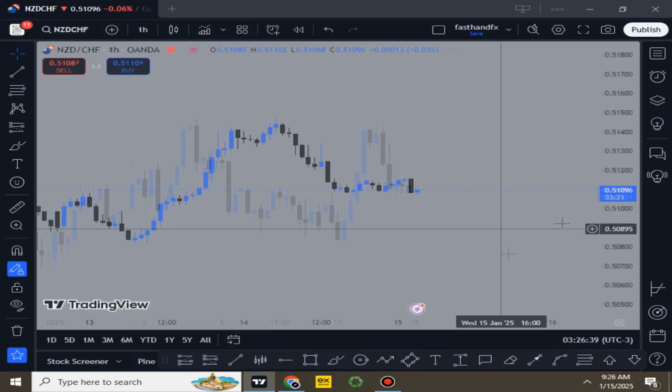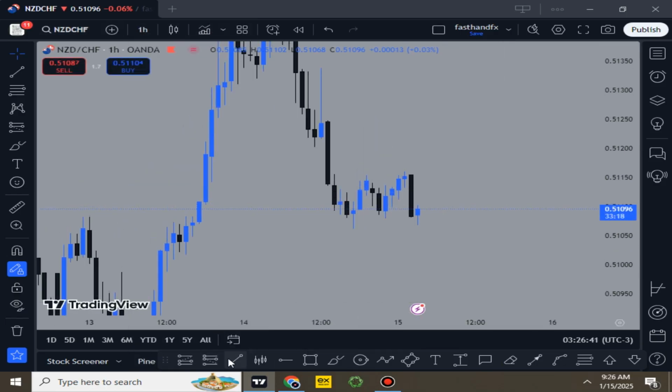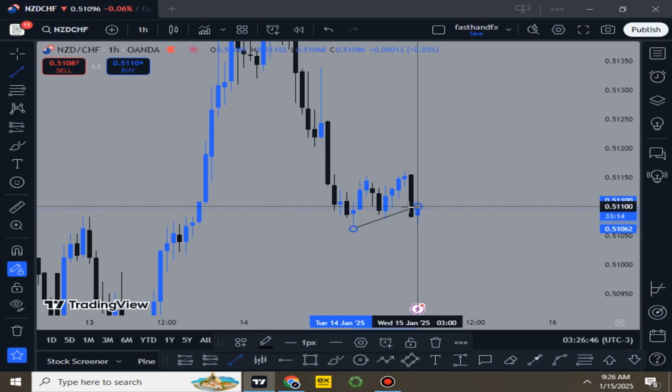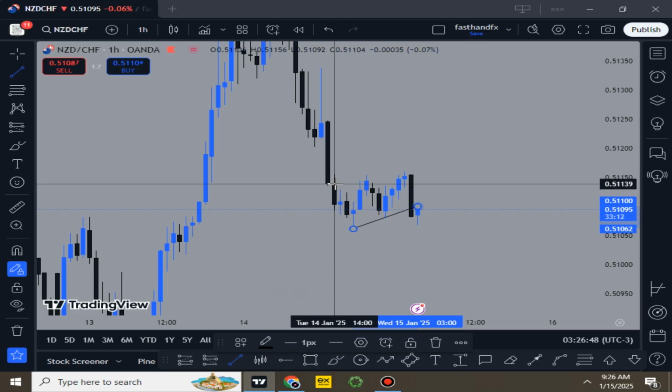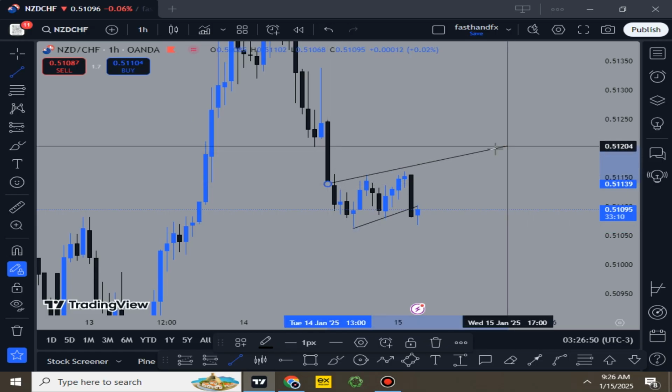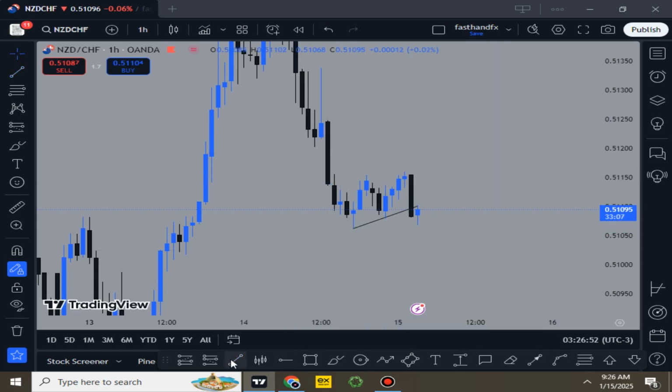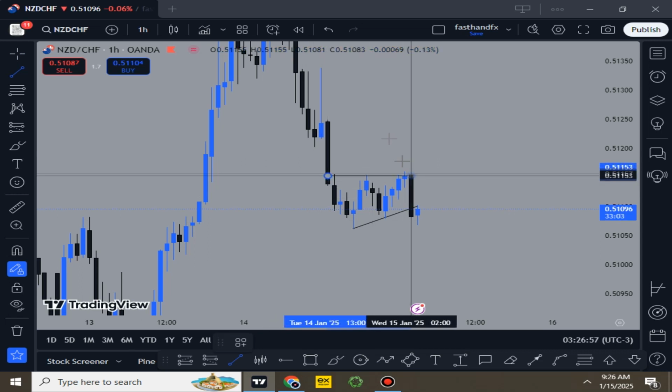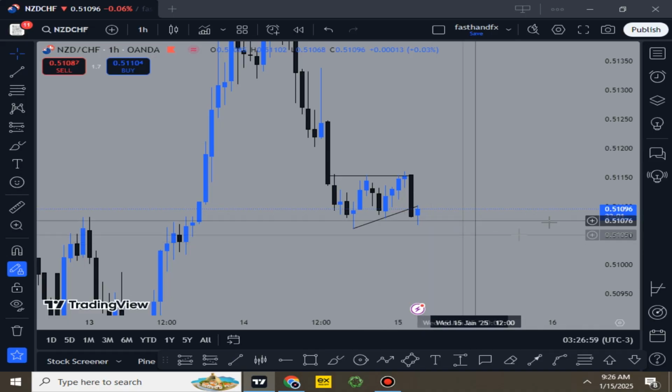Because initially I was anticipating that, okay, this is it, something like this, and maybe something like this, you understand? But then I think she's just trying to create a double top, might call it a triple top, either way, something like that.